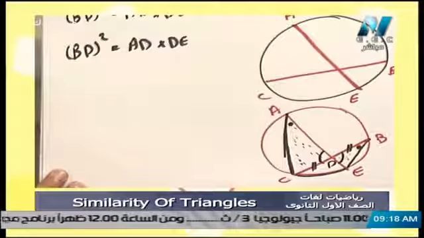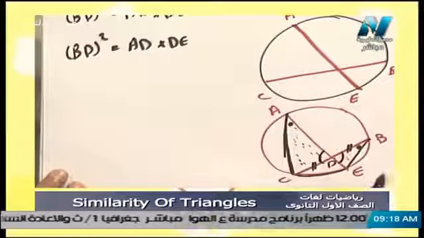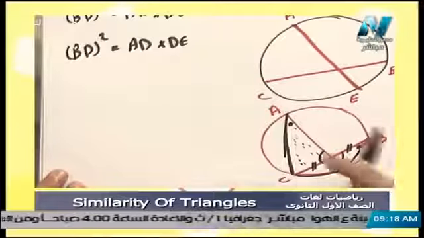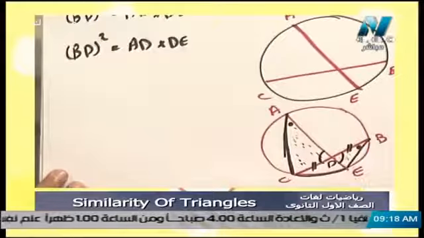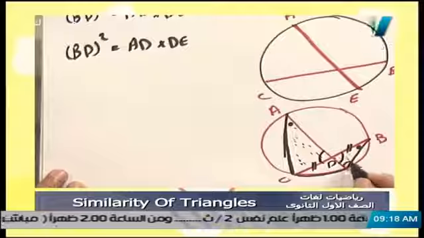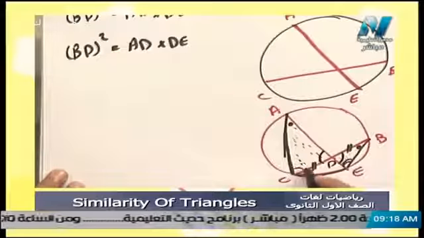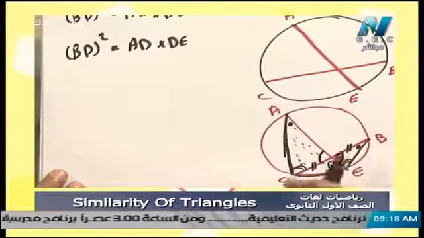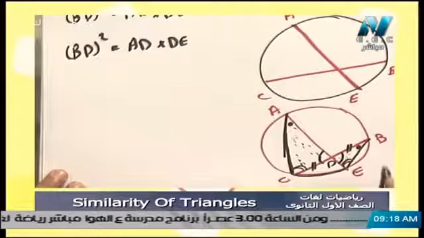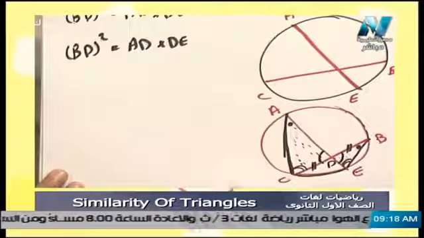So we have here measure angle EBD equals measure angle CAD, and measure angle BDE equals measure angle ADC, vertically opposite angles. And also, the angle BEA equals measure angle BCA, inscribed angles to the same chord, same arc BA.